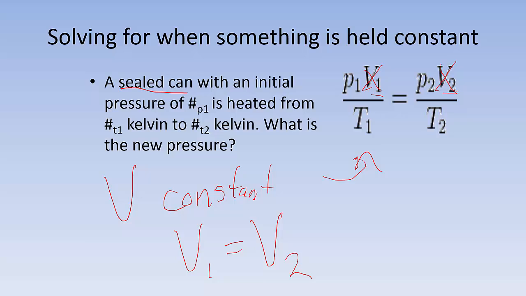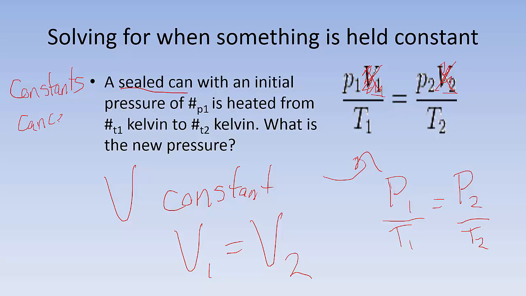You can ignore them. You don't have to plug anything in for that because it's constant. It doesn't change. So what you're left with is the equation P1 over T1 equals P2 over T2. So if it's constant, it drops out. So constants cancel out.